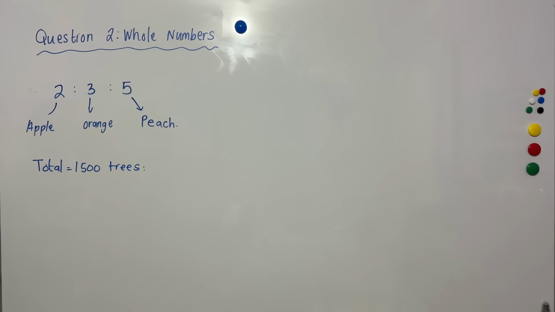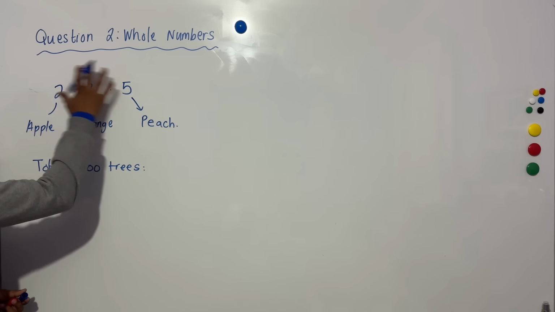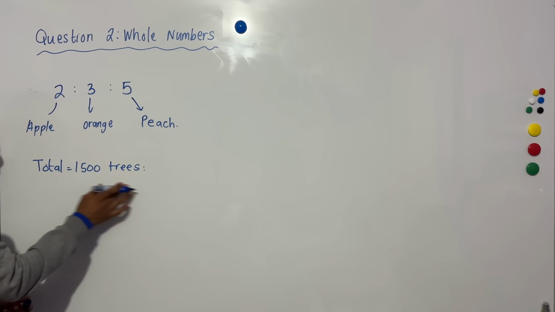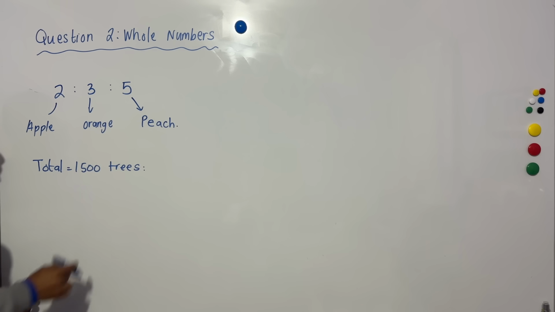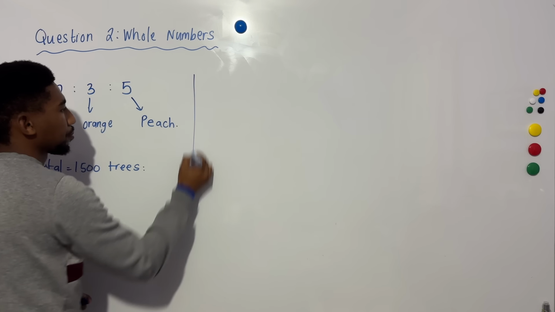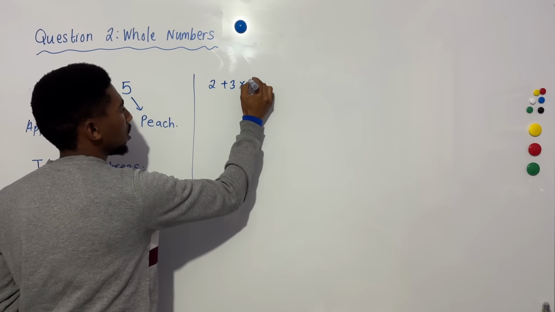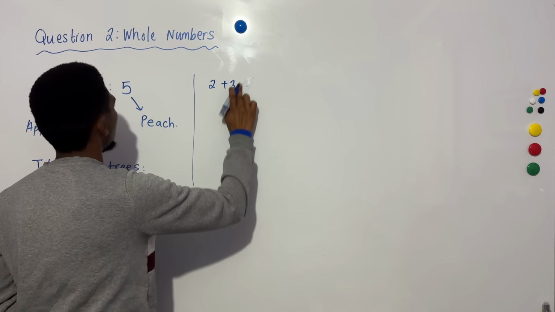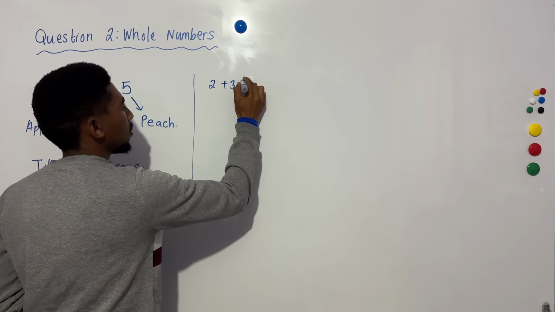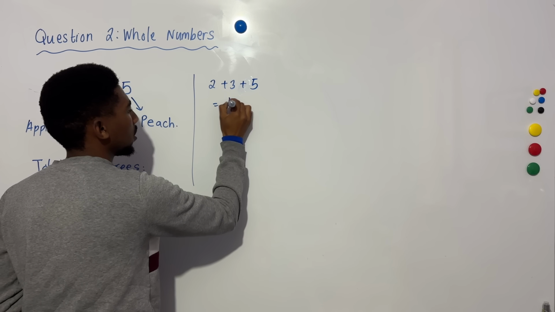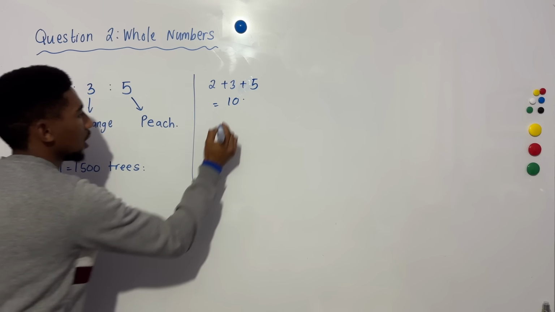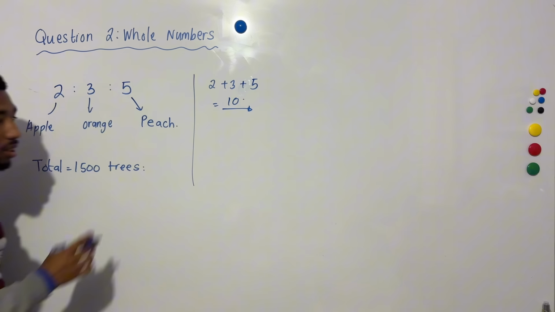So the first thing we do when we have a ratio, and we are going to divide this ratio to find out how many trees of each type of fruit, we're going to add 2 plus 3 plus 5, that's equal to 10. So now that's the total. That's very important.